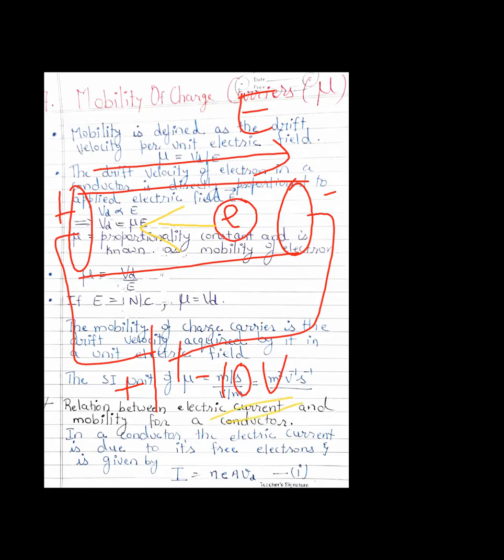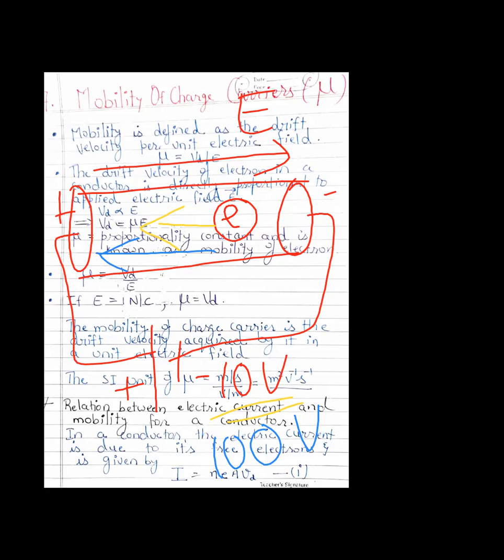Now suppose I replace the battery by a 100 volt battery. So now you will see the drift that occurs in the electrons is very high.